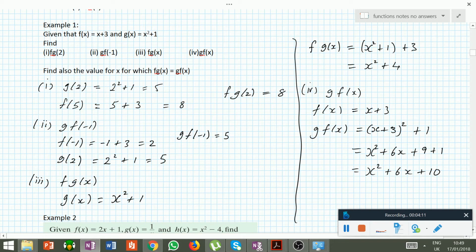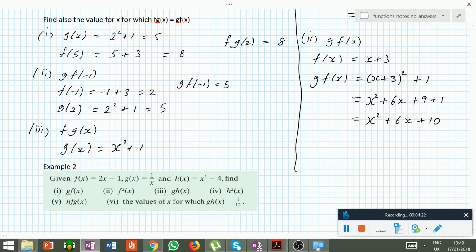Now, this one here: find also the value of X for which F after G of X is equal to G after F of X. I'm going to make a little bit of space here to do that.